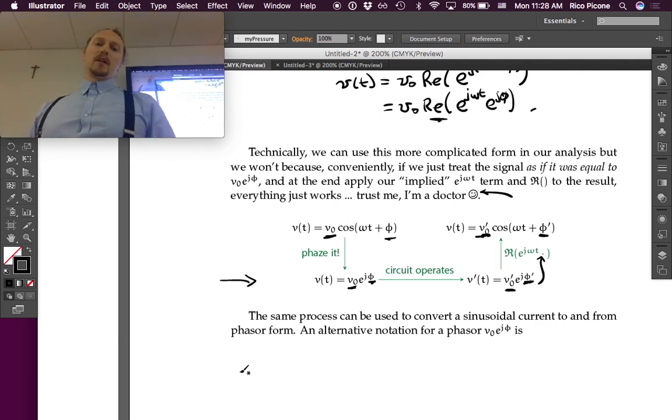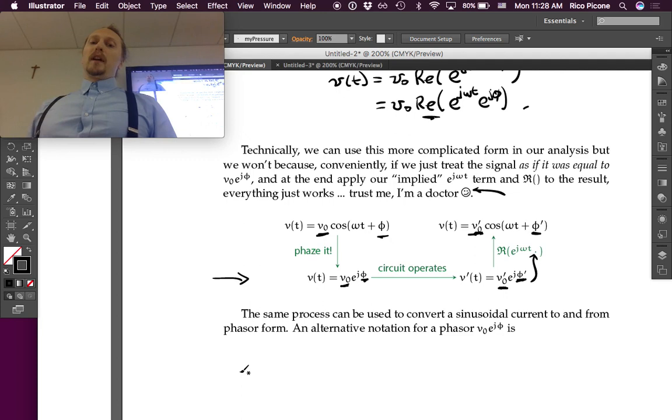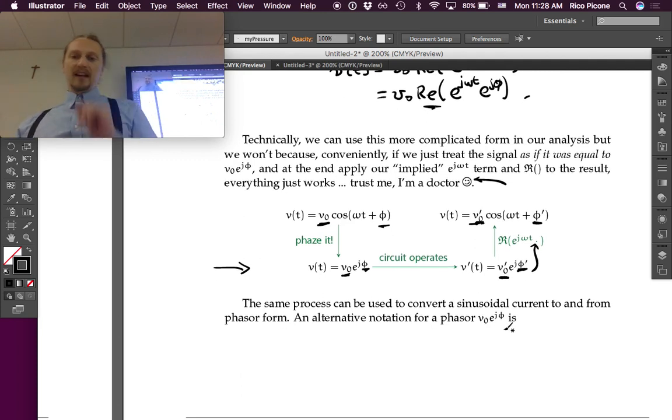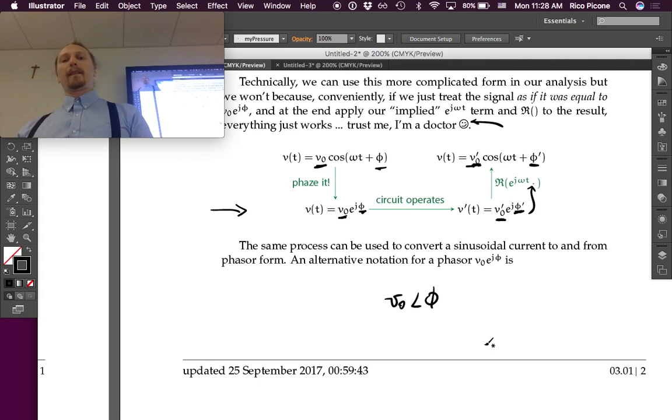An alternative notation for a phasor, V naught e to the j phi, is V naught angle phi, with this symbol, angle phi. You'll also see it written as V naught with the angle symbol extended and the phi on top.